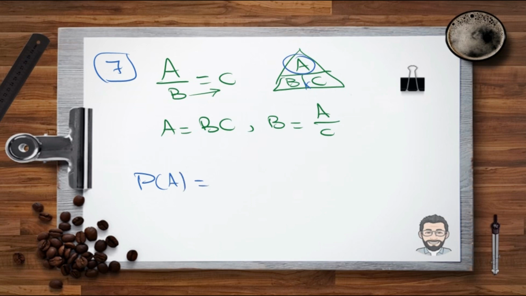For example, A equals number of event A over the total number. So I'm going to put it in the same triangle.